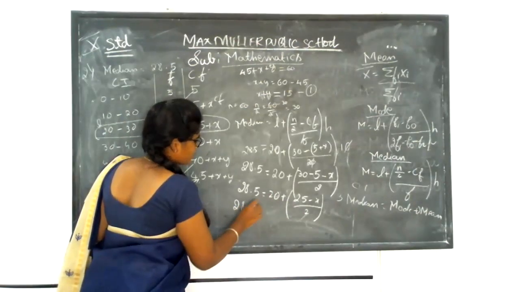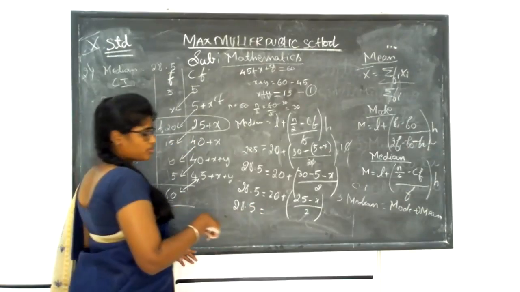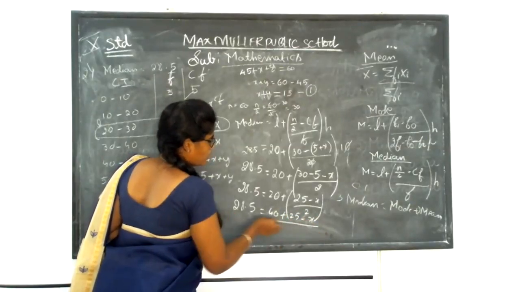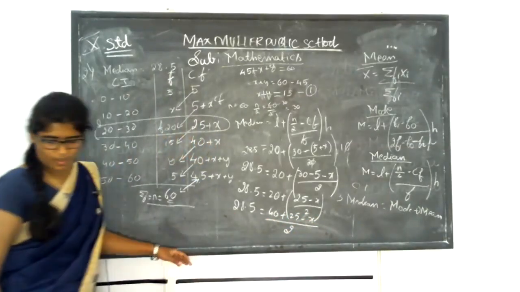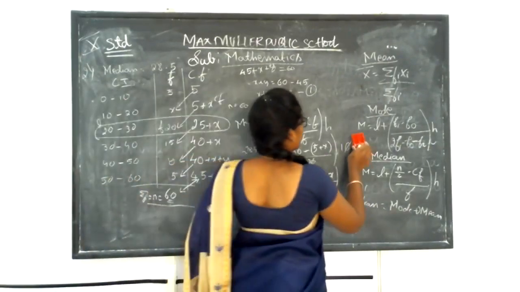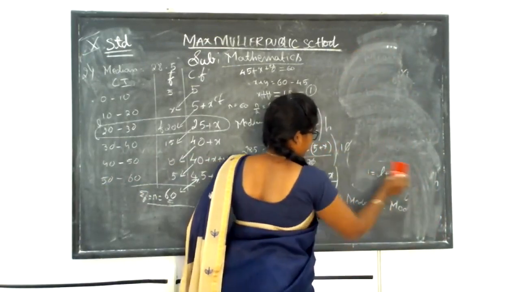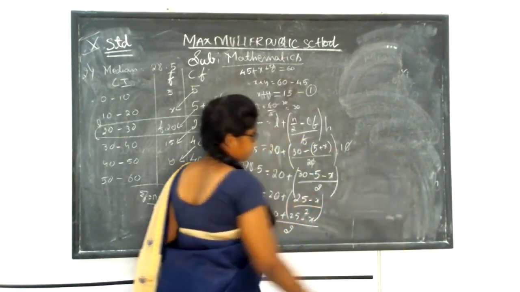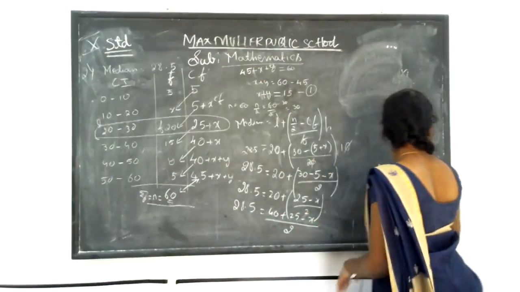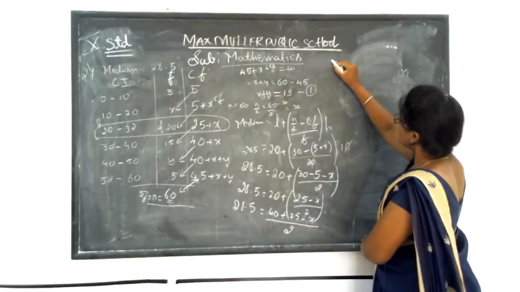Now what shall I do? I shall take the LCM. Until and unless I take the LCM, I cannot take the denominator to this side. So I'm going to take 40 plus 25 minus x, the whole divided by 2. Next, if the denominator goes to that side, it gets multiplied.